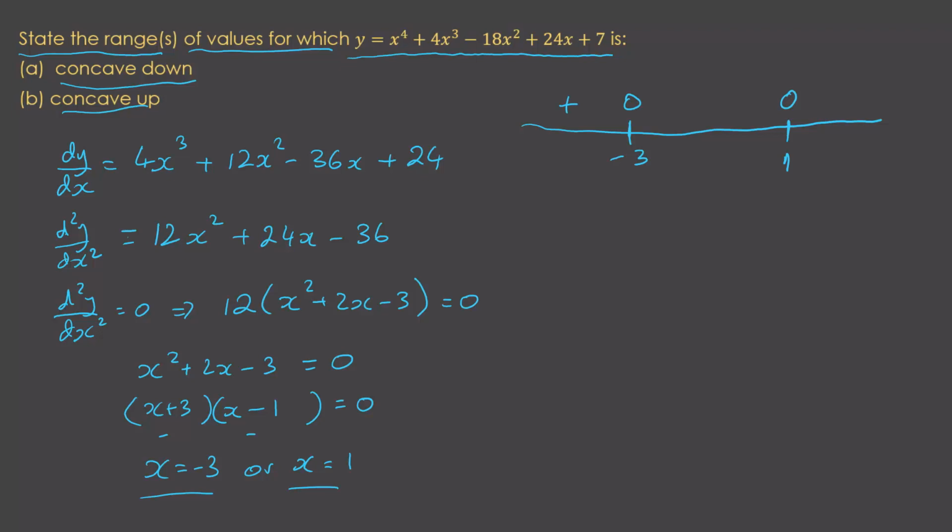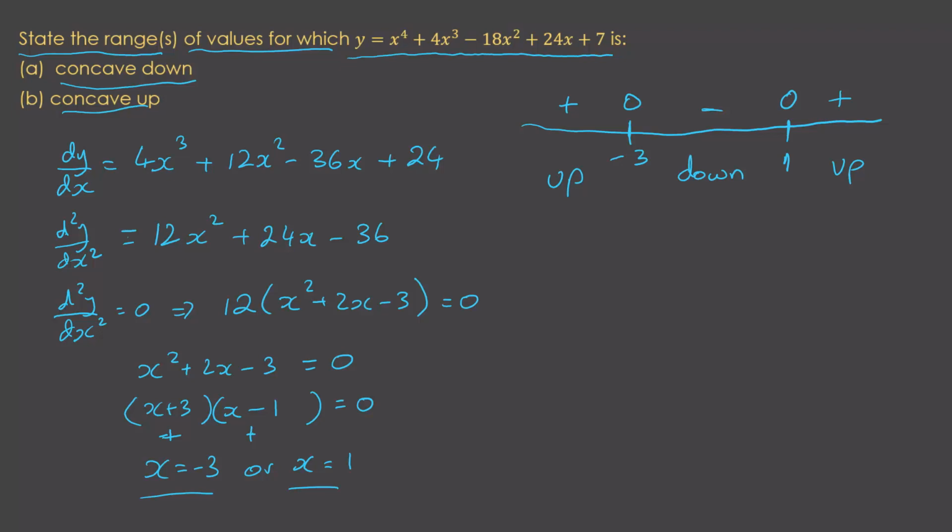If I put in a value between -3 and 1, say 0, then this one is positive and this one is negative, which means overall it's negative. And if I go to the right of 1, say 2, then both are positive, and so that is positive. So concave up here and here, and concave down in the middle.